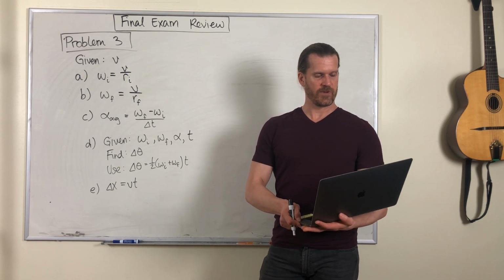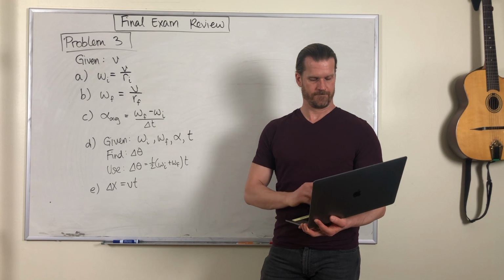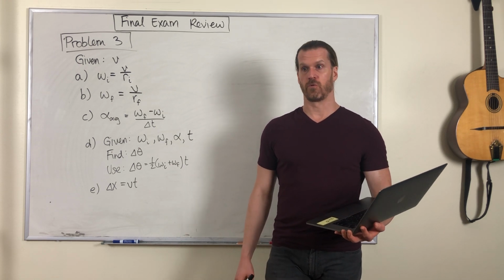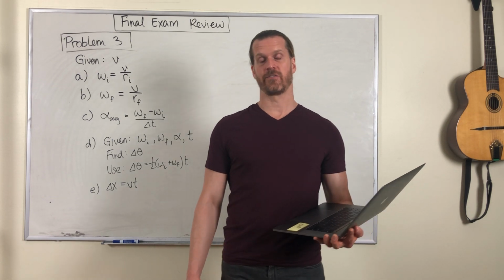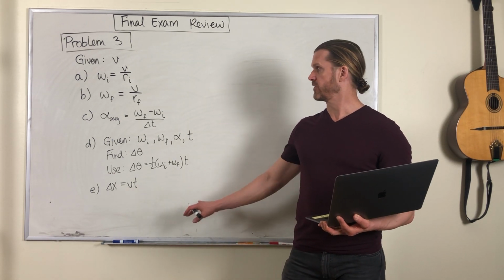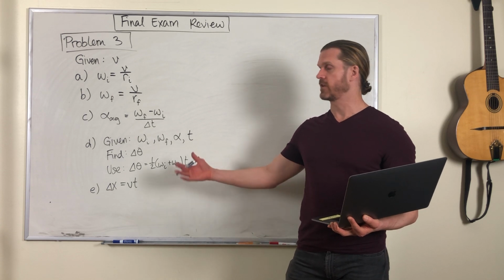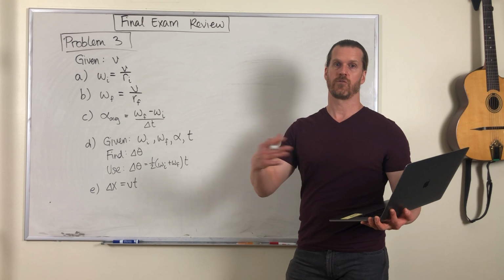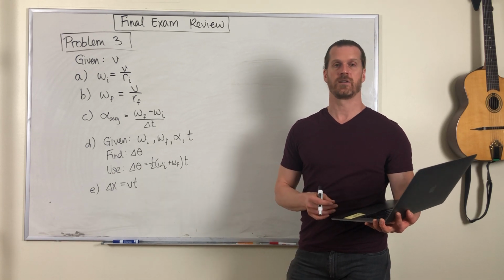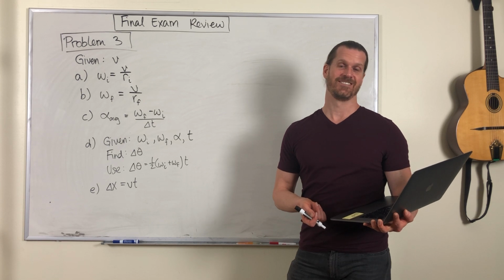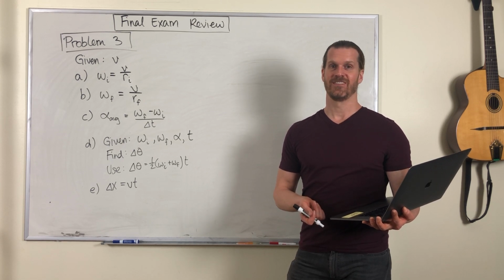So problem 3 is a rotational kinematics problem, and it's making sure that you can use the kinematic equations, that you can use relationships between translational and rotational quantities, and it's also making sure you know kind of the names of things.